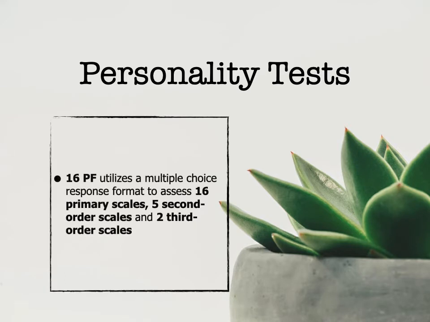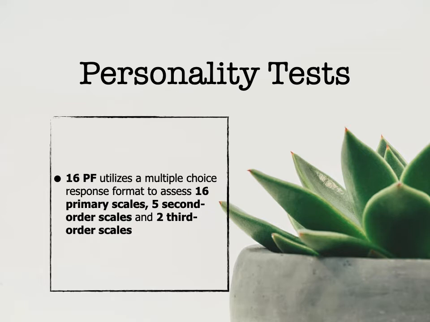The 16PF utilizes a multiple choice response format to assess 16 primary factors, hence the 16 personality profile. There are also 5 second order scales and 2 third order scales.